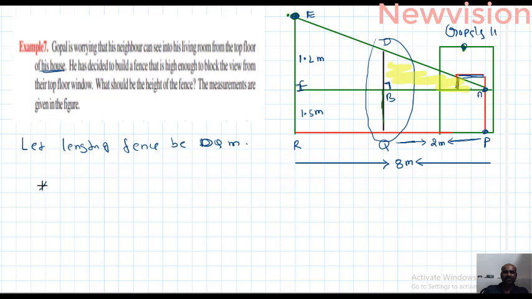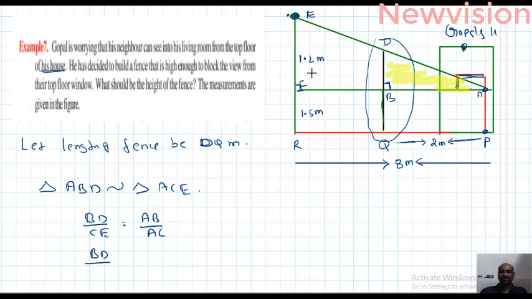Just I want to write triangle ABD similar to triangle ACE. Okay, first of all I want BD. BD by CE equals AB by AC. AB is 2.